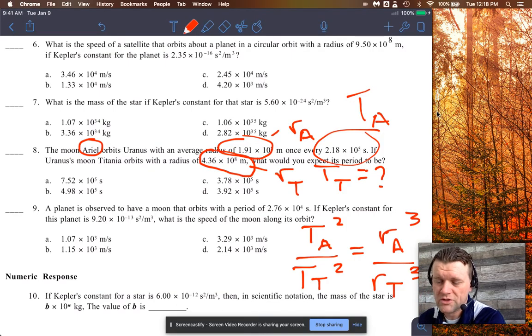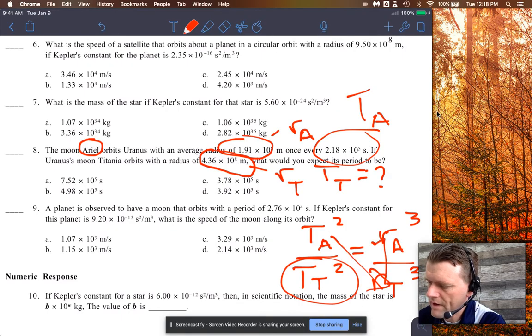Now make sure you cube and square, okay? Otherwise it isn't going to work. We don't know the orbital period for Titania, so this is what we're trying to find right here. So I would multiply those two, divide by that, and then make sure you square root it to get the period.